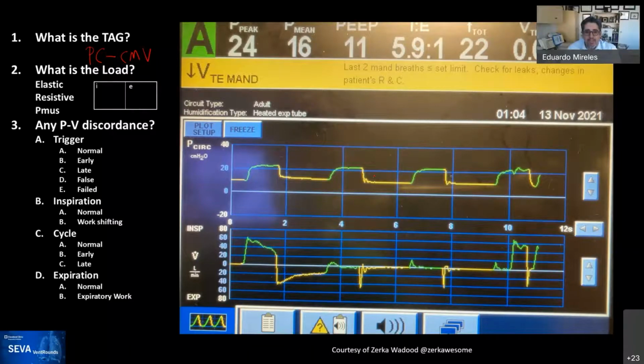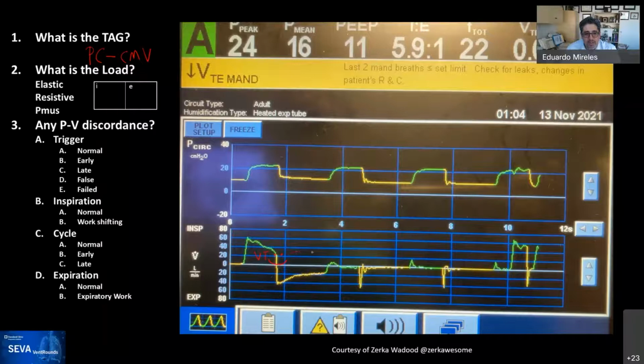If it was adaptive, what you would expect to see on the waveforms is some variation in the pressure required to get the volumes in between the breaths. They would not be identical like they are here. So let's assume that the tidal volume that is set was good, right? Let's say this tidal volume was a happy one.